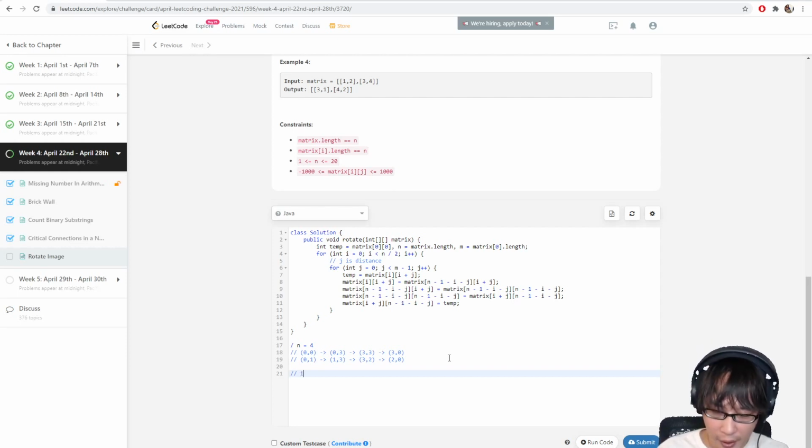So for i equals 0 and j equals 0, we have temp equals matrix[0][0], and we have matrix[0][0] equals matrix[m minus 1][0]. m is 4, minus 1 is 3, and 0.